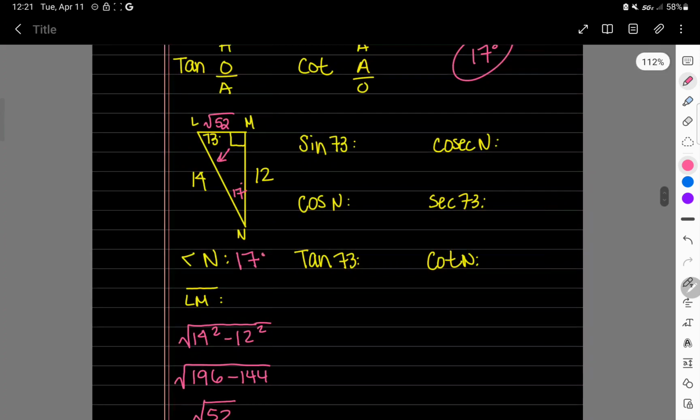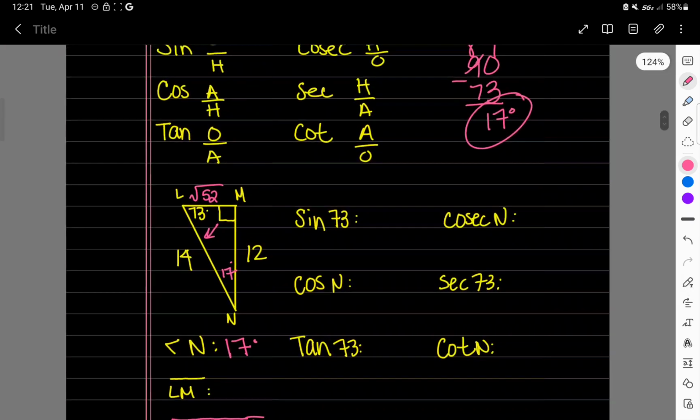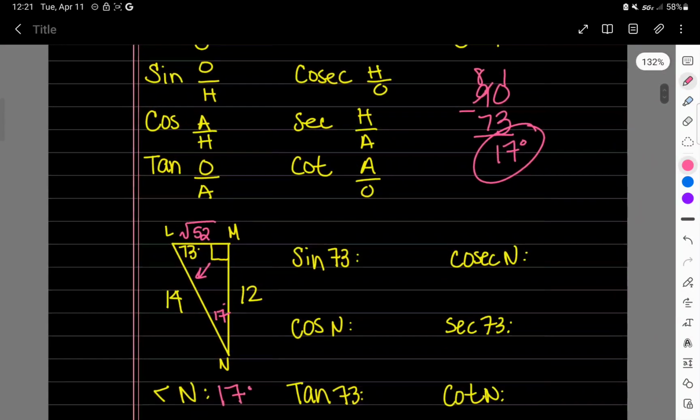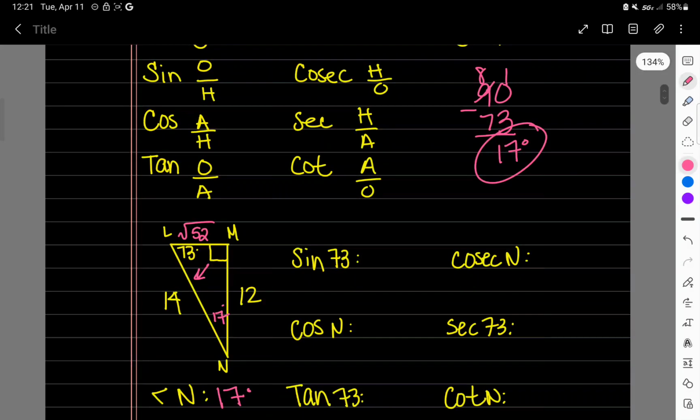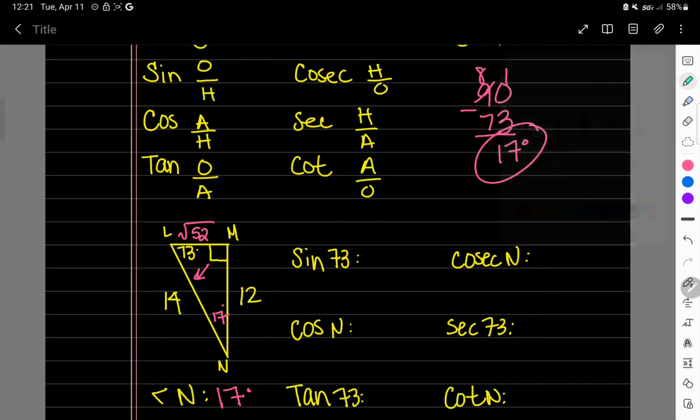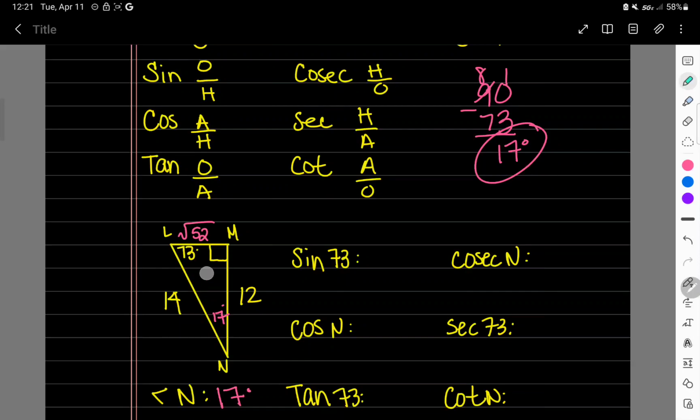So now we can do our ratios. So sine of 73. Sine is opposite over hypotenuse. Our hypotenuse is 14, which is the C side right across the 90-degree box.